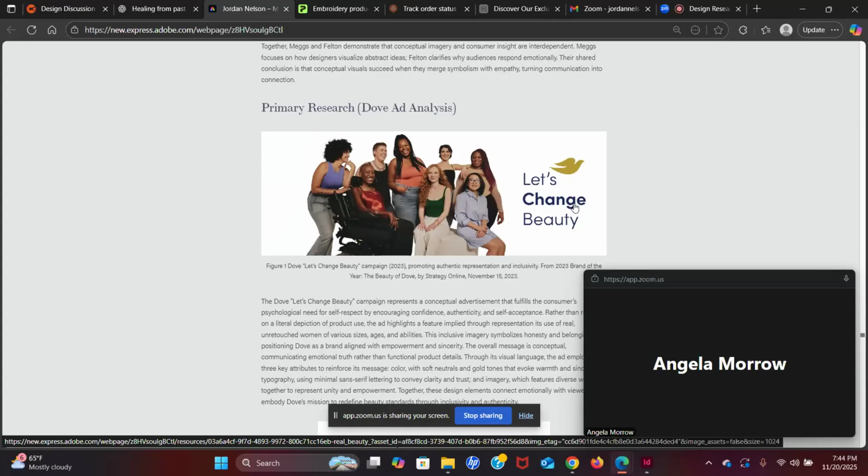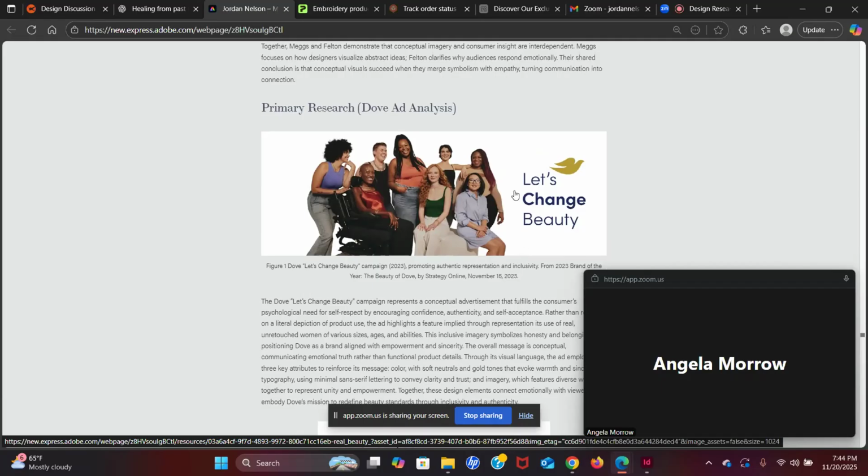I feel that drives people to purchase something when I see somebody in an ad who looks like me and I can relate to them. Their message has been self-esteem, inclusivity and real beauty. You see they had "let's change beauty," so they're really big on that.